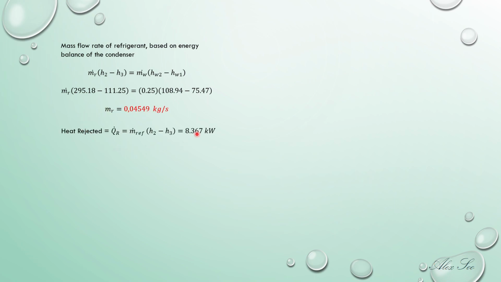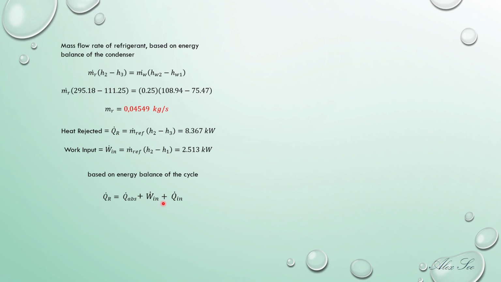Then from that, you will be able to find the rate of heat rejected by multiplying it with the mass flow rate of refrigerant, and then you will find the power input. So that is the rate of heat rejected, and this is the rate of work input, the power input.